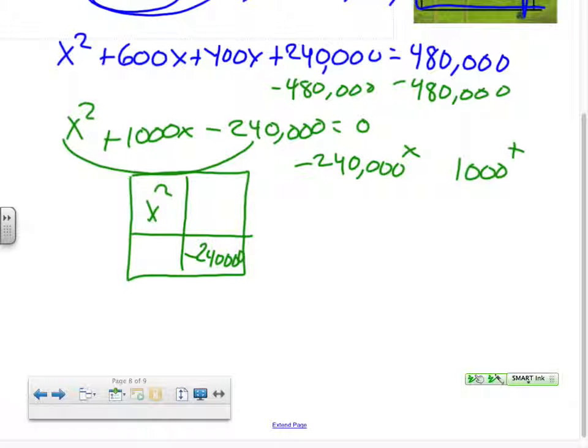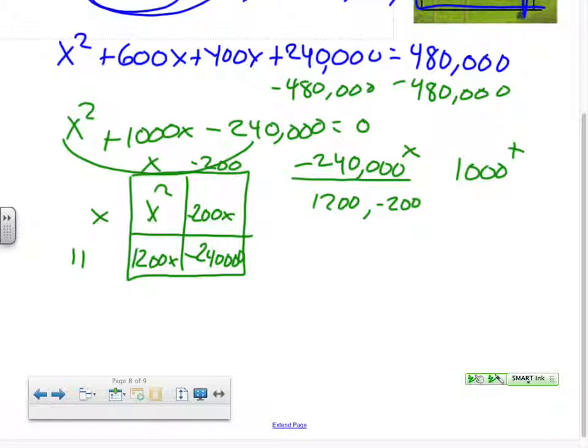It's going to be a while because there's a lot of numbers. It ends up being 1,200 and negative 200. So we got 1,200x, negative 200x, and when we factor this, we get x minus 200, x plus 1,200.